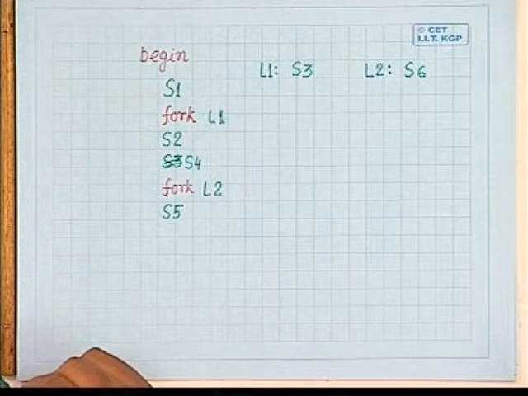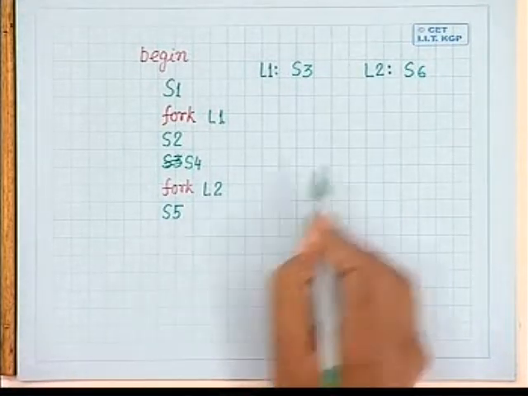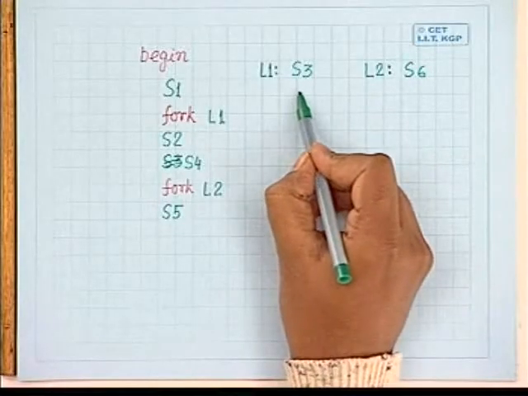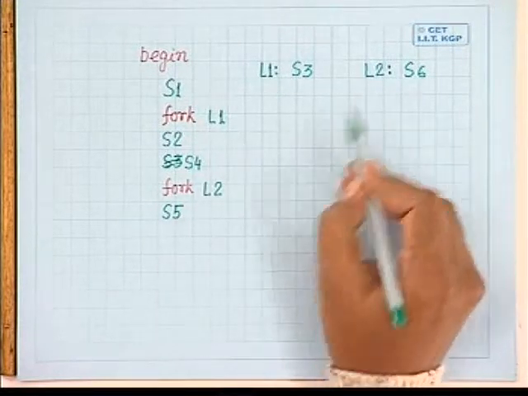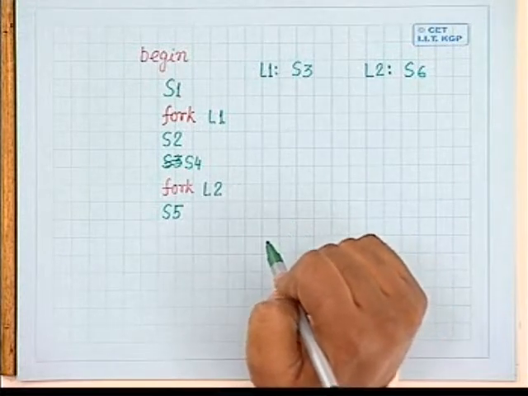So at this point, you find that I have three concurrent processes running in parallel. One is executing S5, the other one is executing S6, and the third one is executing S3. After completion of all these three statements, I have to execute statement number S7. But S7 has to be executed by a single process. I have three processes running concurrently, so the other two processes must be terminated when they have completed their job. So how do you do it?